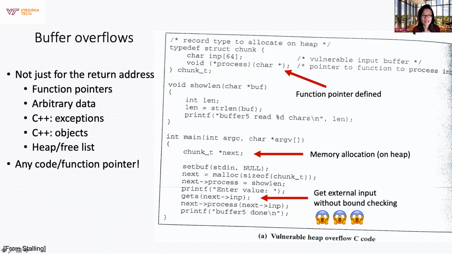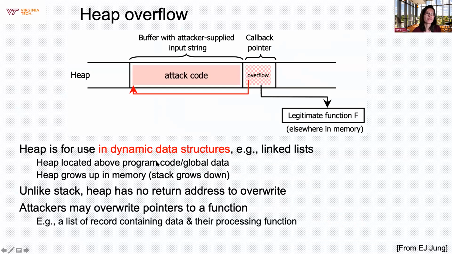Last time we saw this heap overflow example, but with a different type of function pointer that can be overwritten, and then it can be referenced, and that could be leveraged by attackers. An example is the callback pointer, the function pointer.